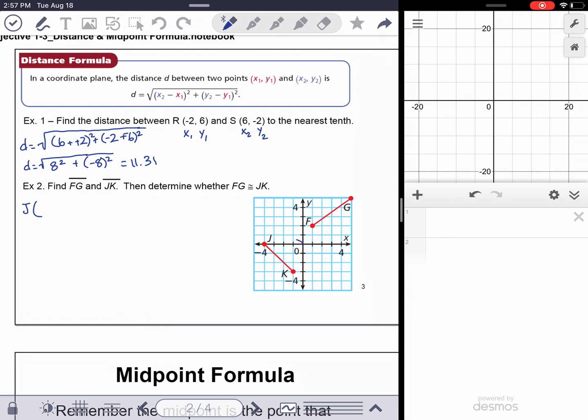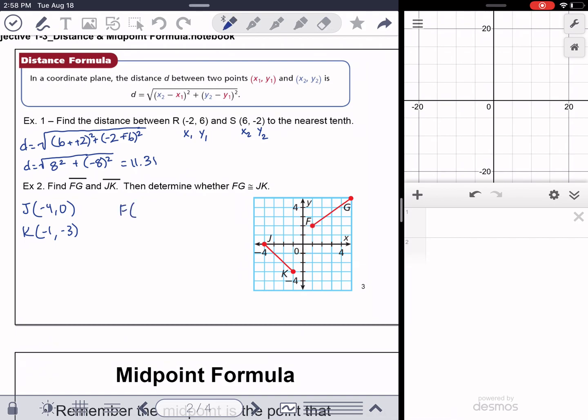Let's see. 1, 2, 3, 4. And K. K is -1, 1, 2, 3. All right. So there's my coordinates for J and K.